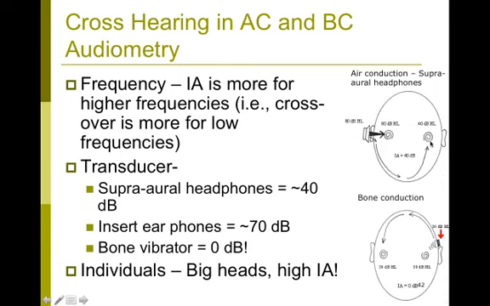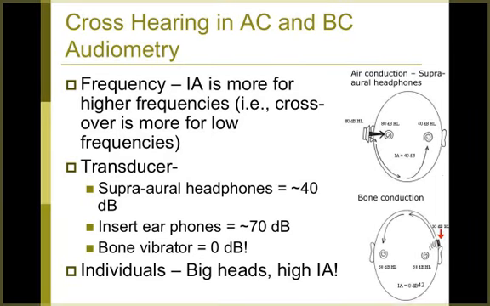Okay. When you're using insert earphones, the interaural attenuation is better. In other words, it's higher, and it's about 70 dB. In other words, 70 dB is lost when it travels from one side to another.